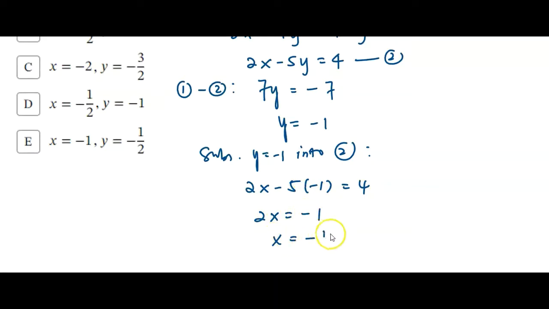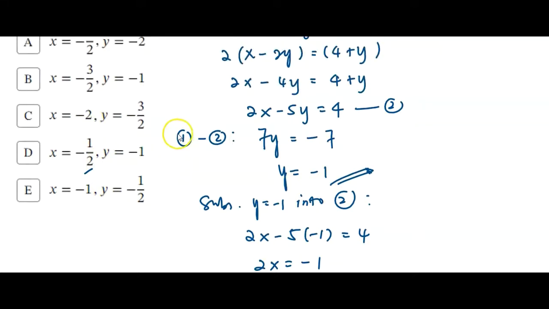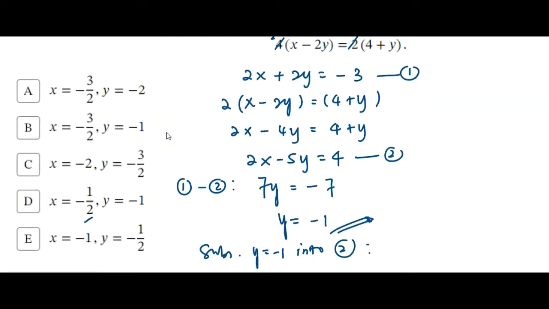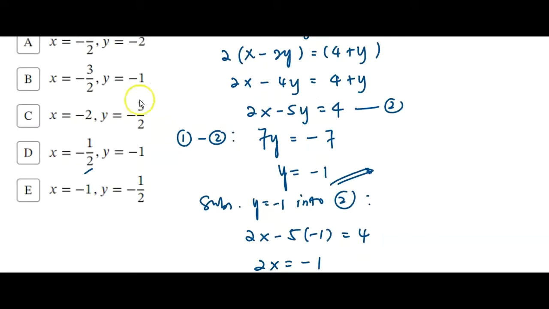Then x equals negative 1 over 2. So our solution for this system of equations is x equals negative 1 over 2, where D is a possible answer, and y equals negative 1. So the answer should be D.